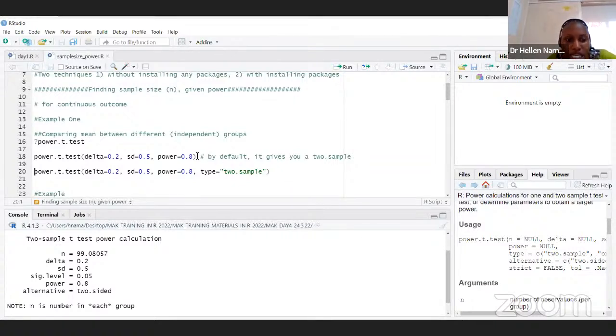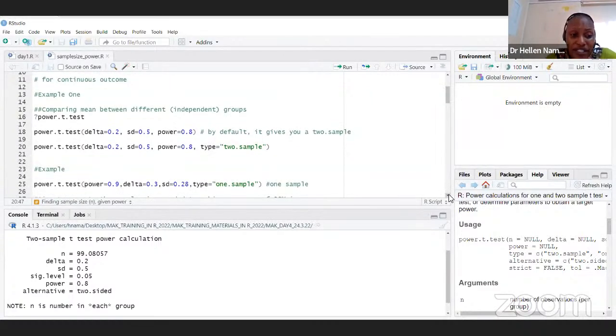In each particular group, you'll have 99. This first line is equivalent to the second line, only that in this case I've stated the type, which is a 2 sample test, but by default R gives that. So I'm going to skip that.